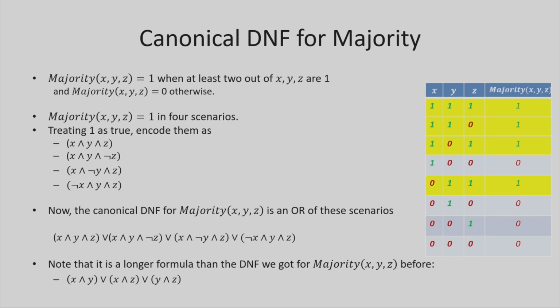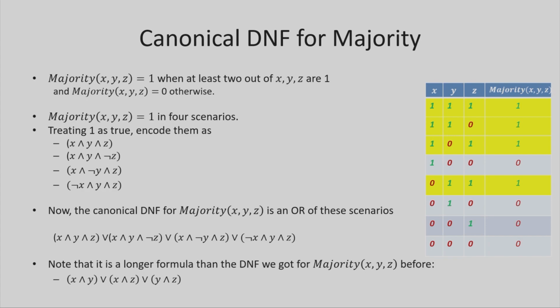And notice again that this is a long formula. We were able to encode majority by a formula which in fact could be a lot shorter. That's true. Canonical DNFs are not the most efficient way to code circuits, but at least they are a way.